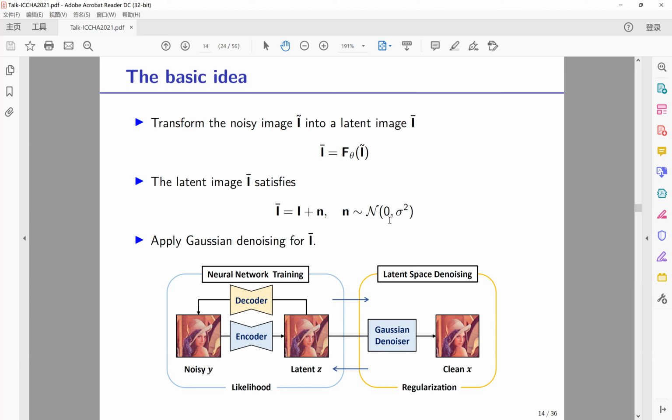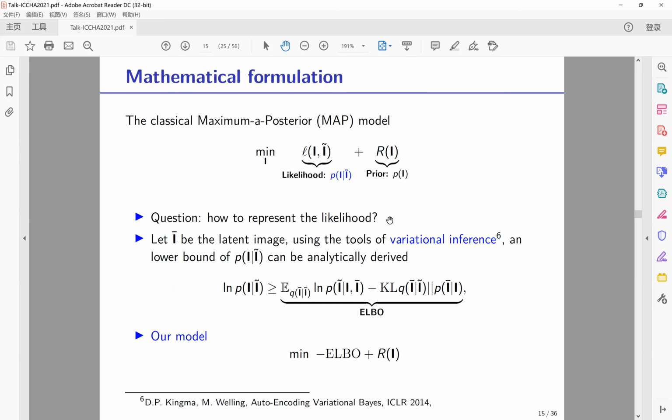If we have this key motivation, then we can construct our model using our classical MAP language. As we know, the first term is the likelihood of our noisy image. In practice, we don't know the exact likelihood. So we can apply variational inference such that I can get an approximation, which is called the ELBO of this likelihood.